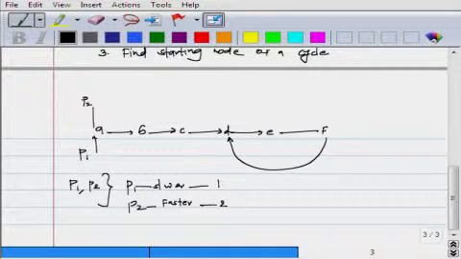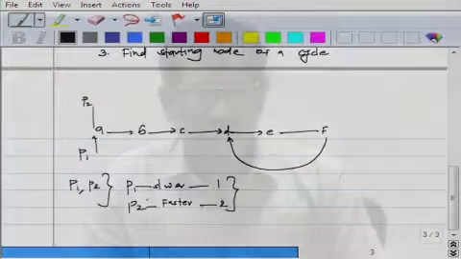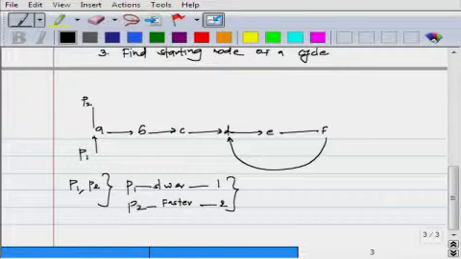Based upon this terminology, I will say P1 and P2 meet at some node if there is a cycle. We will check whether we achieve the same thing in this example or not. At the start, P1 and P2 both are pointing to A. I am going to advance P1 by 1 and P2 by 2.